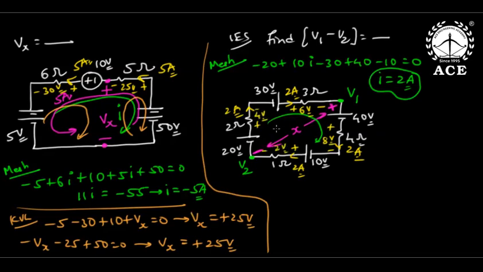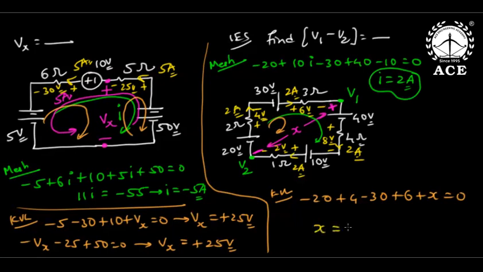Now I can write a KVL here. Starting from here: minus 20 plus 4 minus 30 plus 6 plus X equals 0.